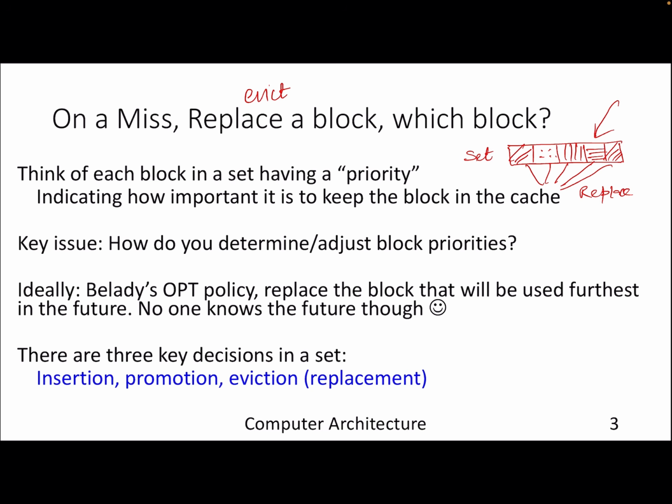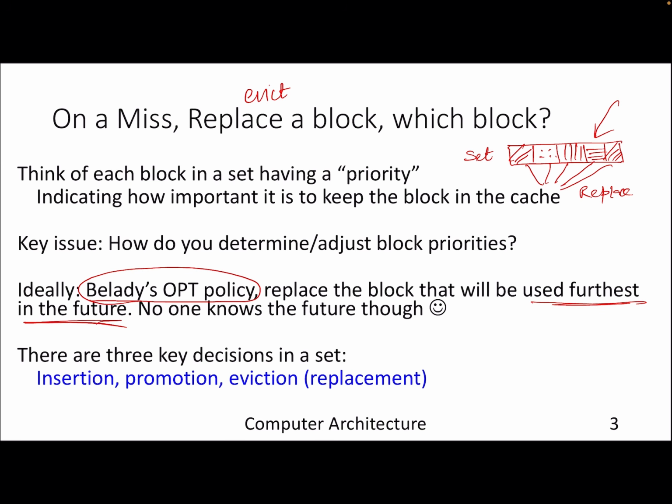Various policies can come into the picture here, and each has its own utility. But theoretically, the best policy is what is known as Belady's optimal policy. You may have heard about it in your OS course. The idea is pretty intuitive. It says that you replace the block that will be used furthest in the future, right?